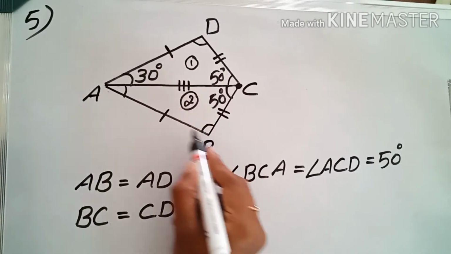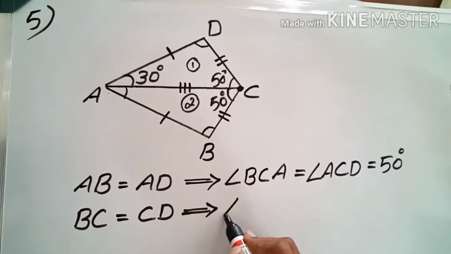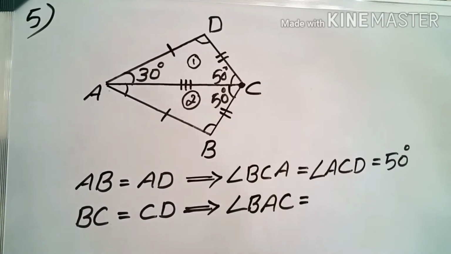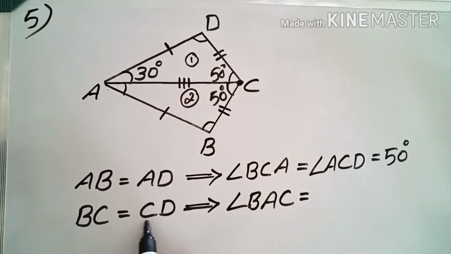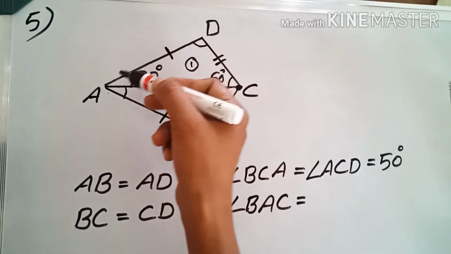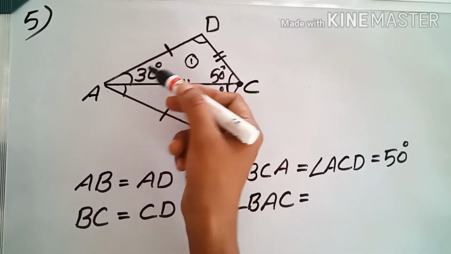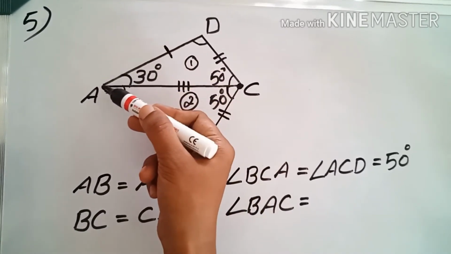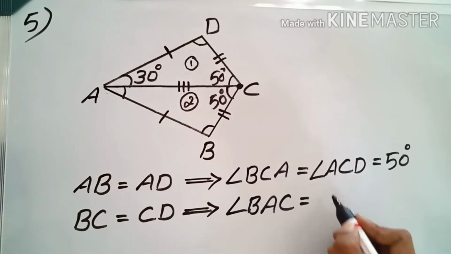So angle BAC is the same as the opposite angle of CD. CD is here. Its opposite angle is here. Okay, this is the opposite. So the angle is angle DAC.